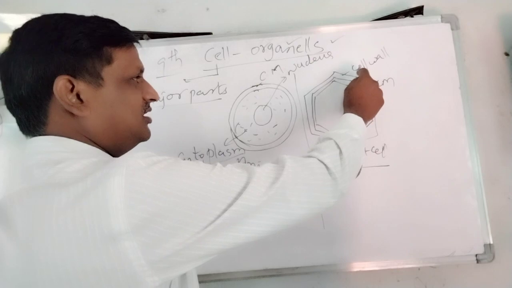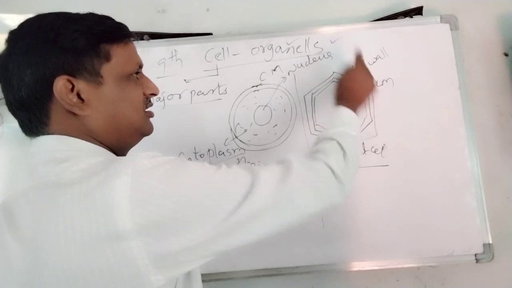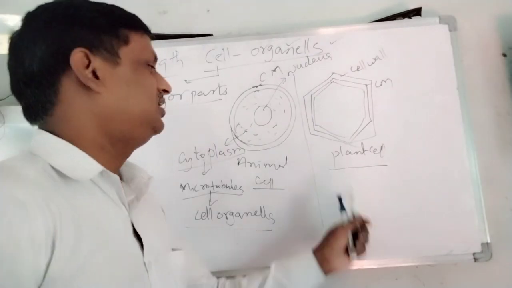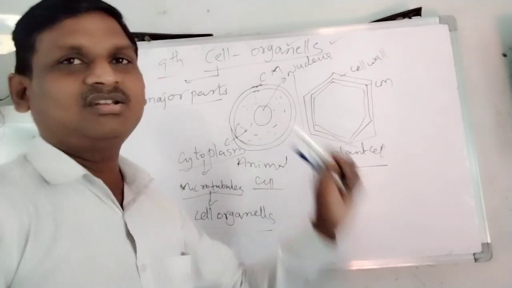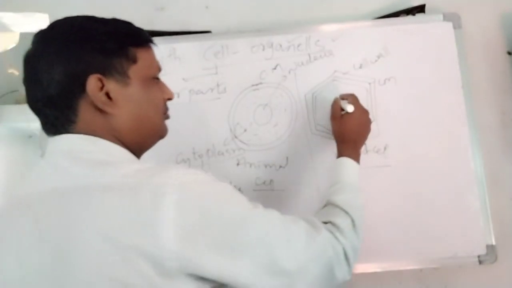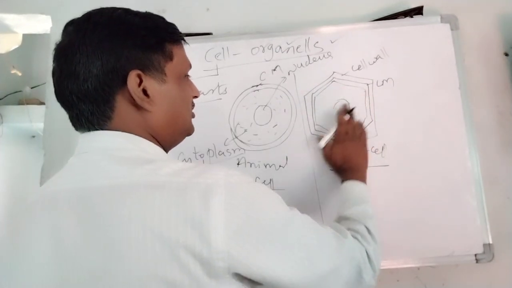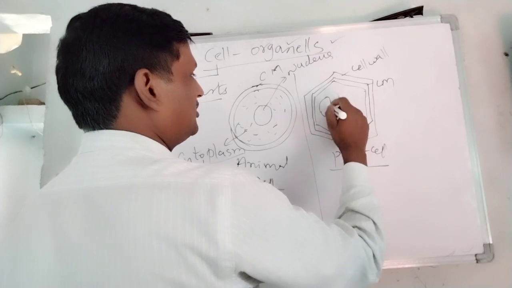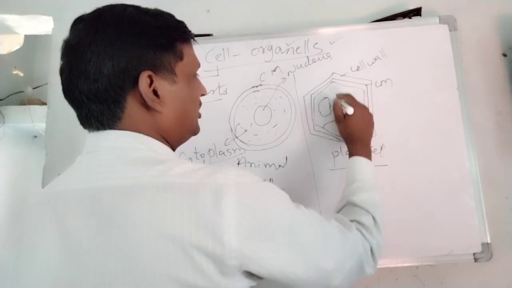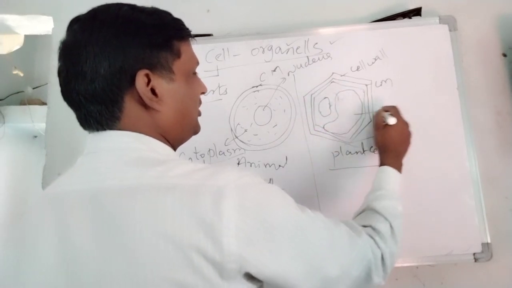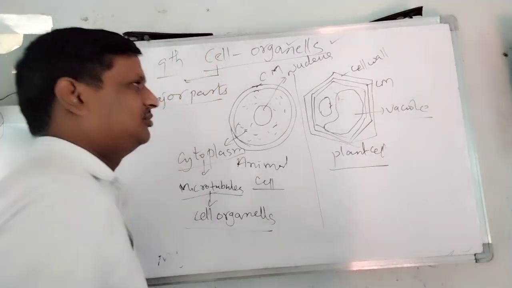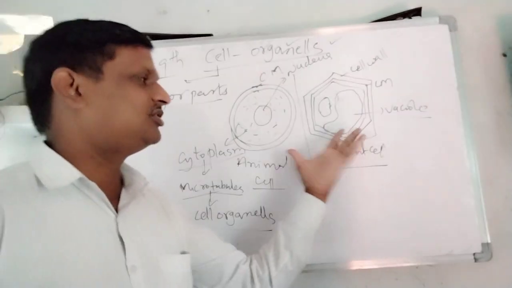So the outermost layer of the plant cell is the cell wall, and next is the cell membrane. The plant cell is rectangular in shape. Here also we can see the nucleus. Generally the nucleus is just beside it, because most of the plant cell is occupied by the vacuole. So like this we can observe the plant cell and animal cell.